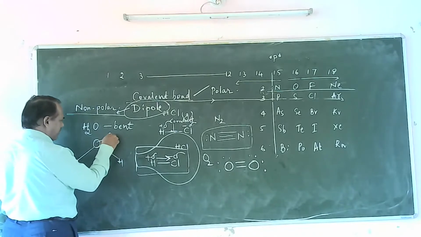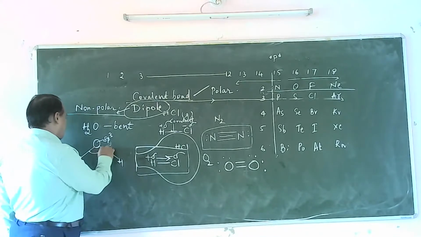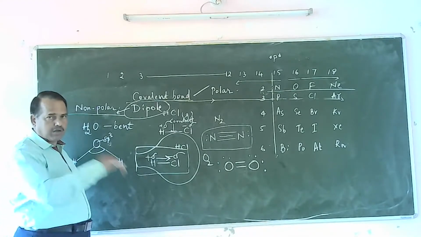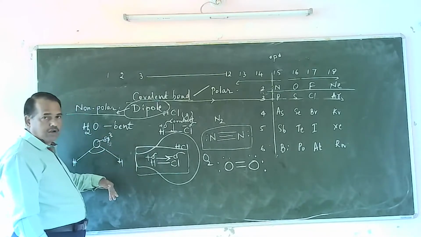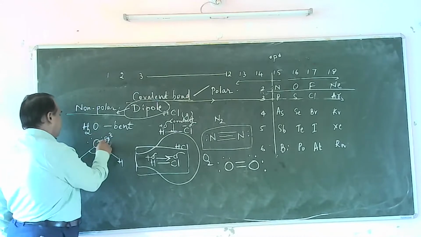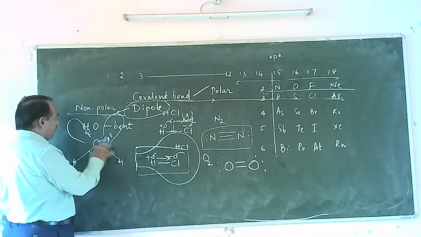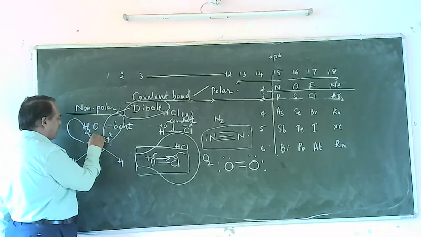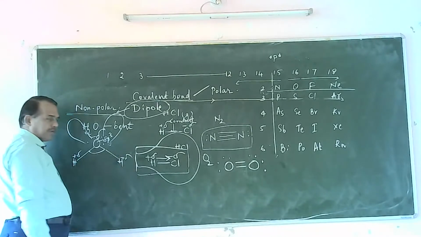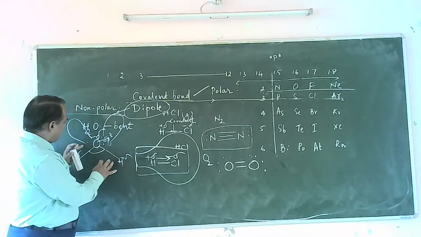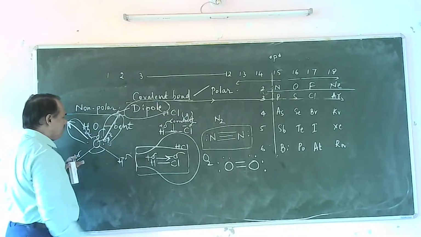Actually, the oxygen atom is sp3 hybridized here. It should show the normal tetrahedral angle of 109.5, but the normal tetrahedral angle is reduced due to the presence of two lone pairs. All this you studied in the first week. So this contains partial negative charge on oxygen and partial positive charge on the hydrogens. The dipole moment is directed towards the oxygen atom, as its electronegativity is more.